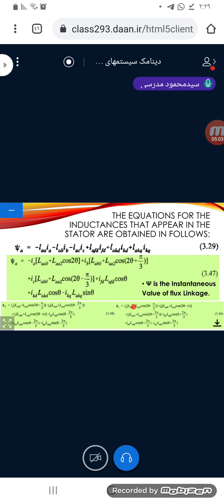So you see that psi A is related to LAA, that is the self-inductance of phase A. This is for psi B for phase B, and for phase C, in equations 3.48 and 3.49.